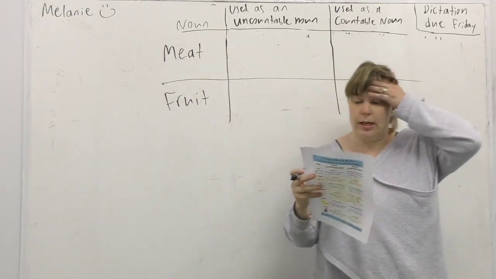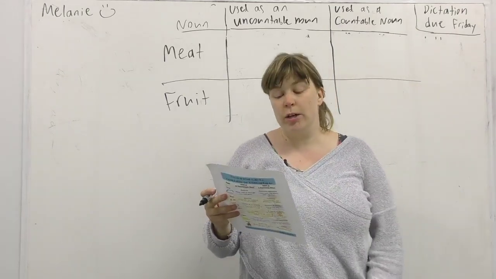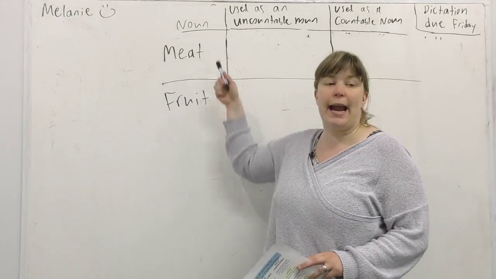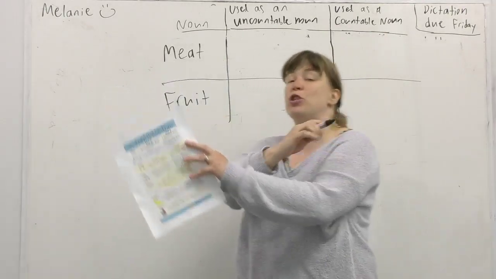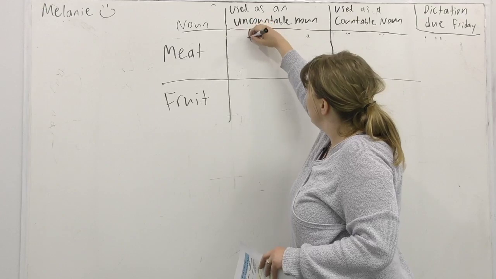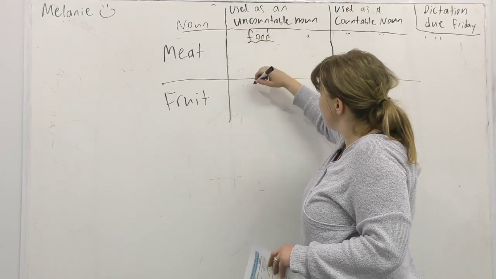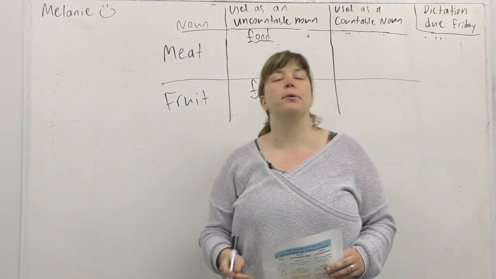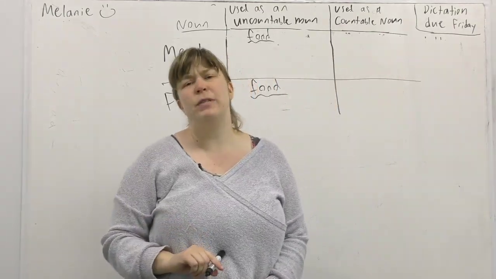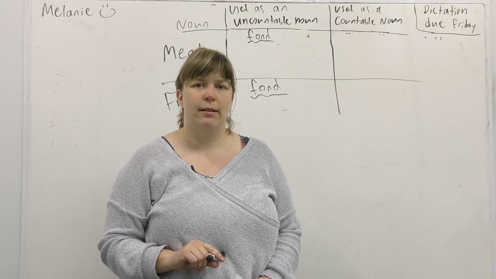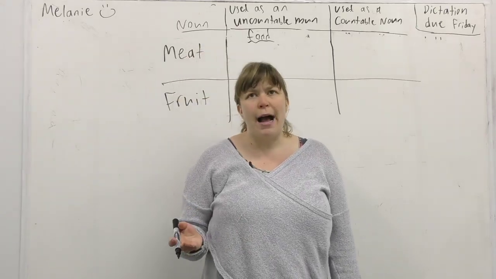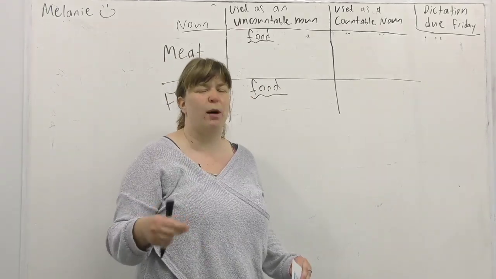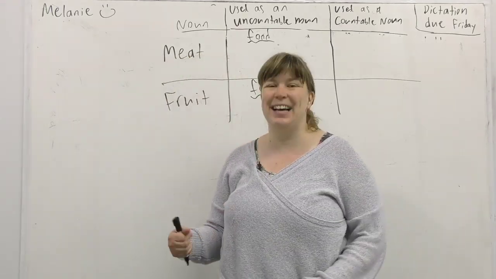Okay, so when we are talking about food in general, both meat and fruit are uncountable. So we'll just put food. So for example, I don't eat very much meat. This is true. Why? I don't really like the taste of meat. Unless it's like Southern style barbecue, then I love it.